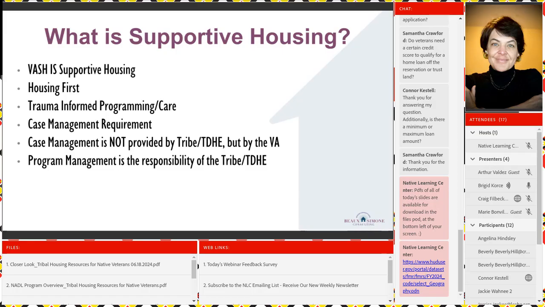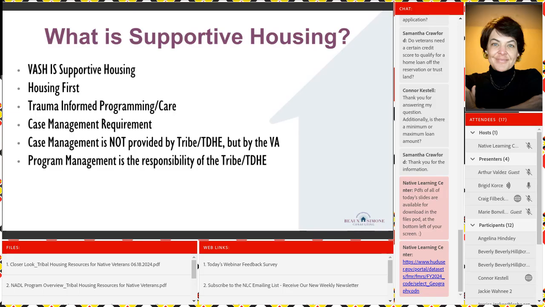One of the things you'll have to look at as a tribal housing program is, are we willing to create fewer barriers for homeless veterans in accessing housing? Are we going to make it easier, if we receive this money, for those veterans to get another chance at housing?